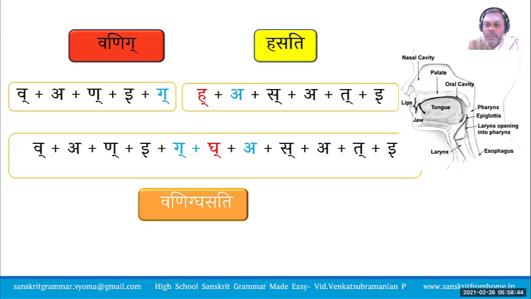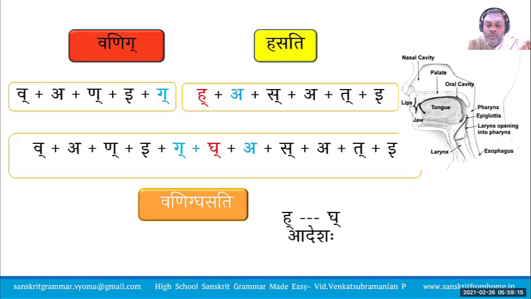Out of these two letters, the fourth letter is taken as the most appropriate Adesha for Hakara because of other reasons apart from the Sthana. That is, the external effort, the internal effort, the Sthana, all these factors put into consideration, we get the Ghakara.